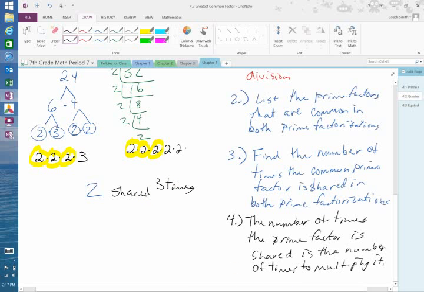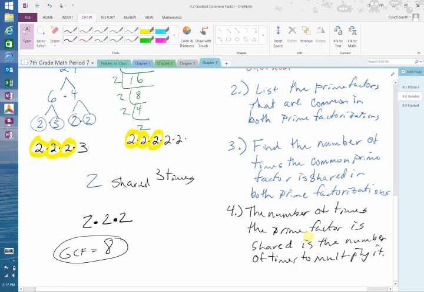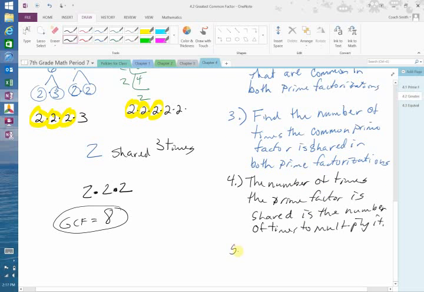So then I must do 2 times 2 times 2. What is 2 times 2 times 2? 8. So GCF is equal to 8. Step 5 would be to multiply, just like we did.